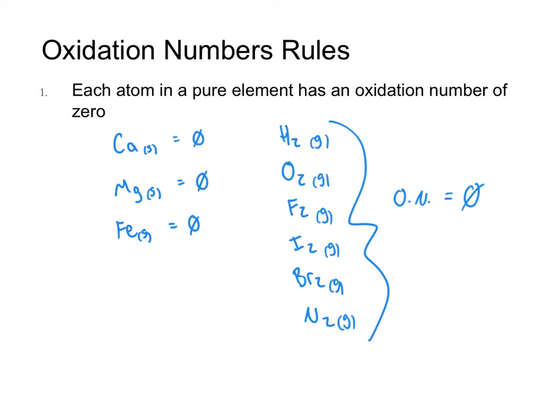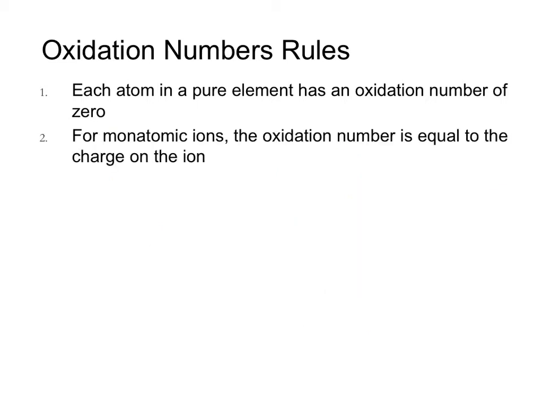And so absolutely any element in its pure elemental form, we assign oxidation numbers of 0. For any monatomic ions, the oxidation number is going to simply be equal to the charge on that ion. So a calcium 2+ ion is going to have an oxidation number of +2. A fluoride 1- ion will have an oxidation number of -1.